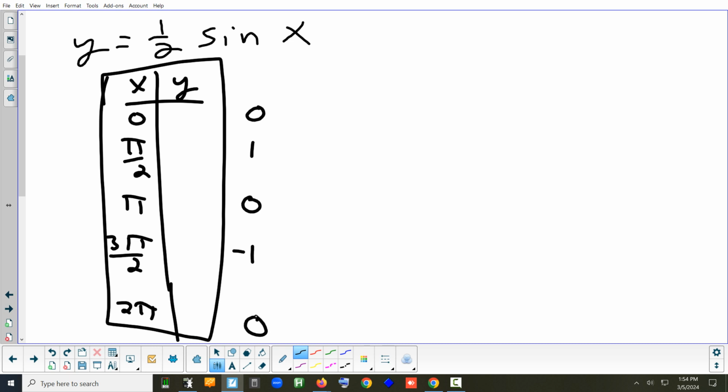All right, and what do we have to do to all those values? Multiply them all by 1/2. Yep, or you could just divide them all by 2. So Alex, once I do that, what are my new y values going to be? Your first one is going to be 0.